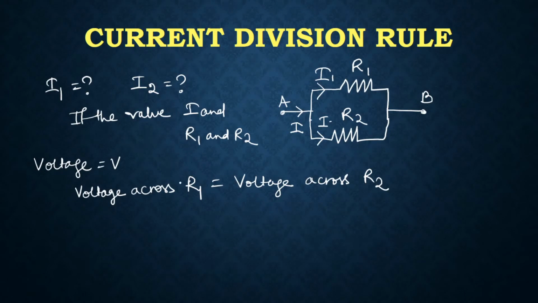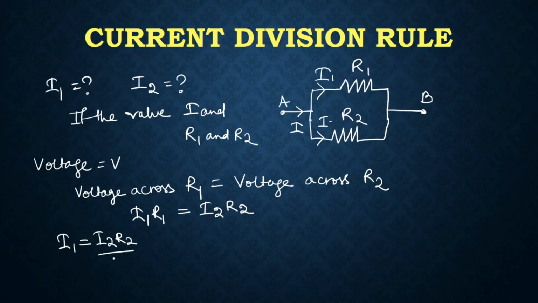The voltage across R1 is I into R, that is I1 into R1, and the voltage across R2 is I2 into R2. So I can say I1 is equal to I2 R2 divided by R1.